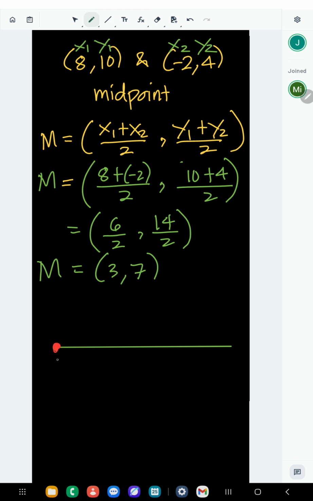So it says the first end point is 8, 10, and the other one is -2, 4. Okay, if this is the line segment, this is not accurate. So we need to find the point that is in the middle, midpoint. That's why we divide it by 2, the x coordinates and the y coordinates.